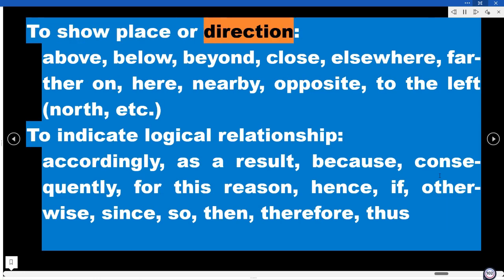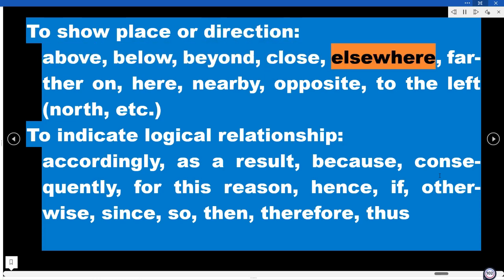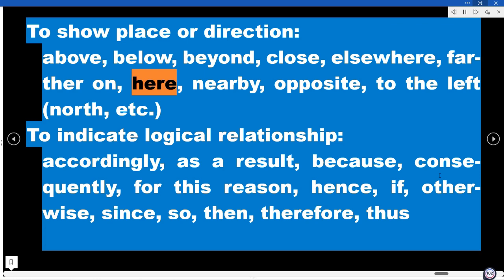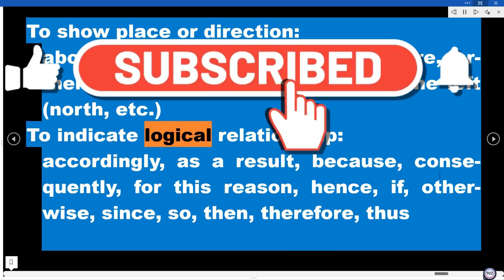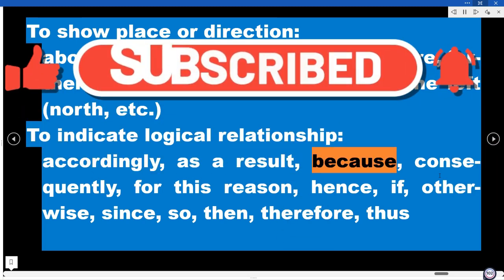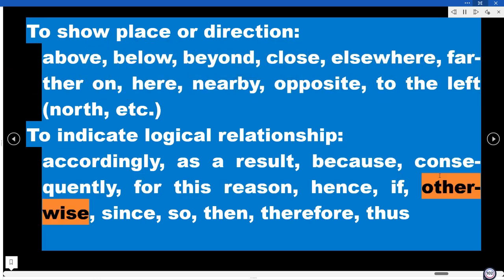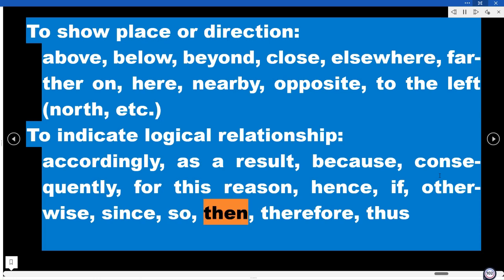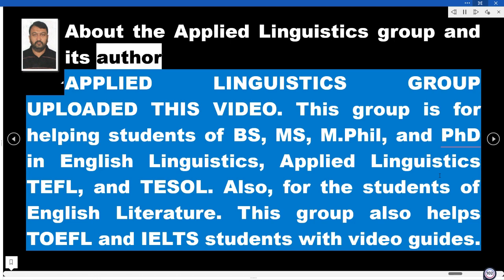To show place or direction: above, below, beyond, close, elsewhere, farther on, here, nearby, opposite, to the left, north, etc. To indicate logical relationship: accordingly, as a result, because, consequently, for this reason, hence, if, otherwise, since, so, then, therefore, thus.